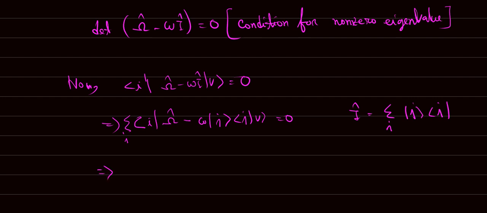Now let's put this one into this one. So I operator φ_j minus omega I into j, and this whole thing is into that.